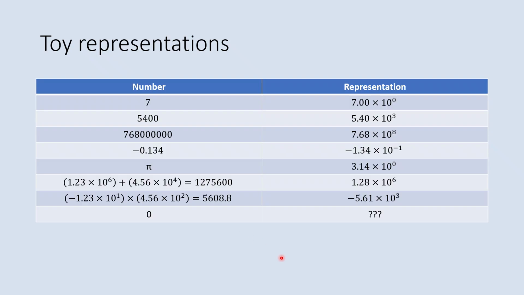Then if we had a mixture, where some numbers are written in this notation and we add them together, the value that we end up with, 1,275,600, we can't represent exactly, so we would probably round that to 1.28 times 10 to the 6th.